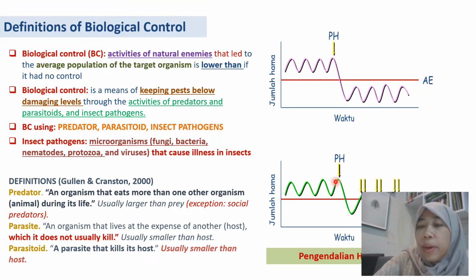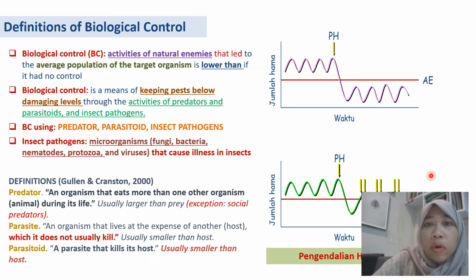So we keep the pest population below the economic threshold, like in the picture. By using biological agent or pengendalian hayati, we make sure the population is still below the economic threshold. And please remember, in integrated pest management, we cannot destroy all of the pests. Why?